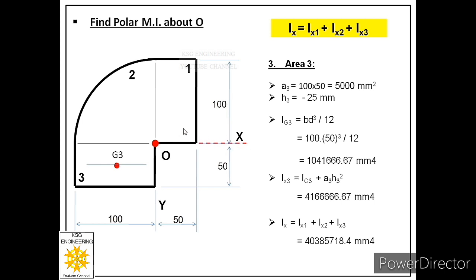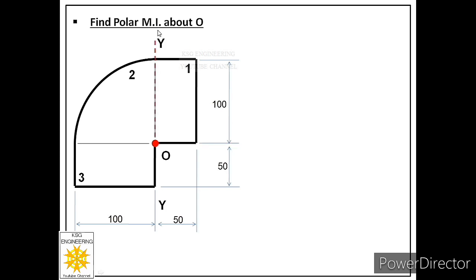But remember, we have to find polar moment of inertia about O. It means what will be the next step? Find Iy, that is area moment of inertia of the composite area about y-axis. So how you will find that? So formula for that will be again same, that Iy is equal to Iy1 plus Iy2 plus Iy3.